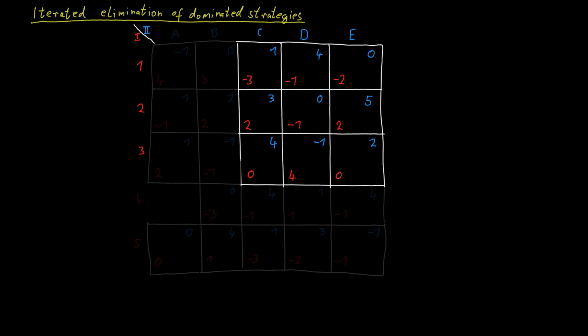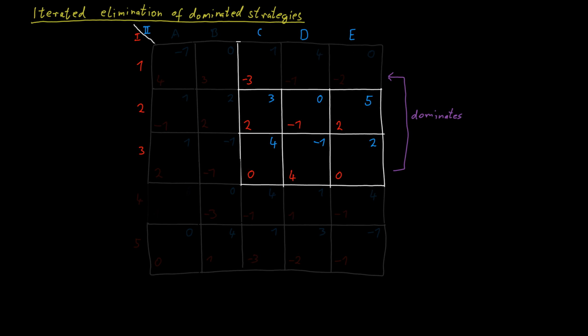Now in this new 3x3 game, player 1 has strategies 1, 2, and 3 available to her, and player 2 has strategies C, D, and E available to her. Is there a dominated strategy in this game? The answer is yes. In this game, strategy 1 is dominated by strategy 3.